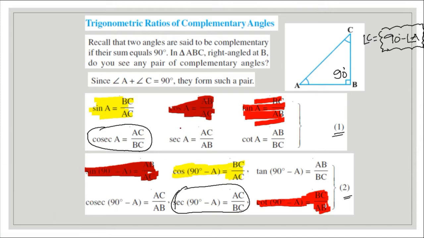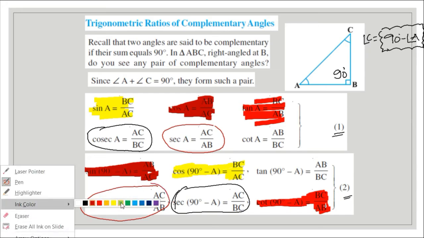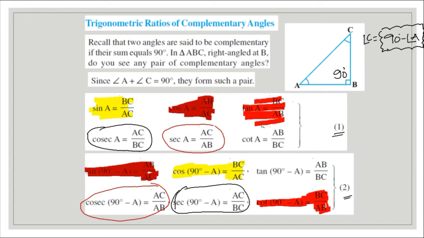Secant of angle A is AC by AB, which is the same as cosecant of 90 minus angle A. Cotangent of angle A, AB by BC, is the same as tan of 90 minus angle A. These colors you can observe, their ratios are the same.